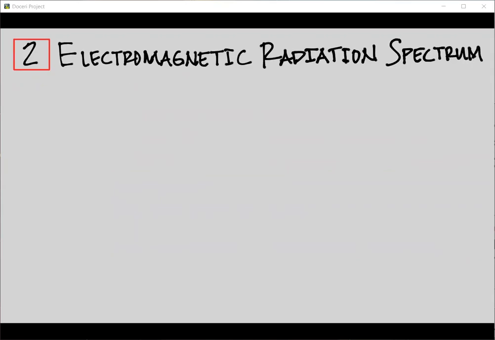All right, the second concept here is pretty straightforward, the electromagnetic radiation spectrum. This is basically the spectrum of light, right? Because light is an electromagnetic radiation. I mentioned that some radiations are pretty harmful, some are harmless, right? They don't have enough energy to cause damage to your cells.